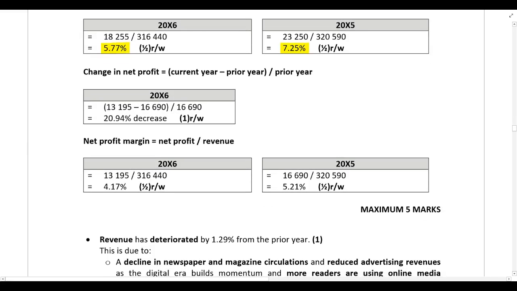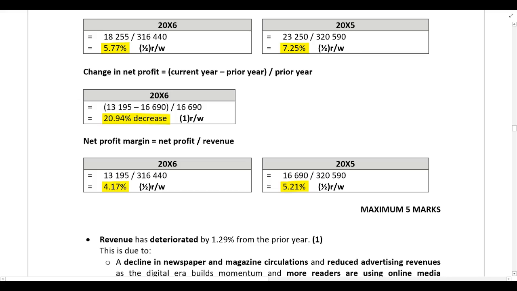Then you can calculate the change or the movement in net profit, and you should have a 20.94% decrease. And for the net profit margin, you should have calculated 5.21% in 20X5 and 4.17% in 20X6.